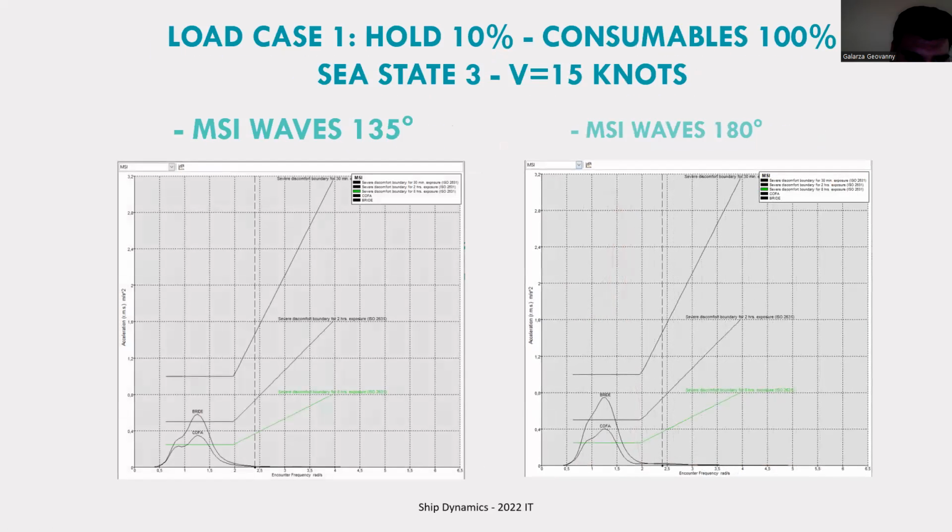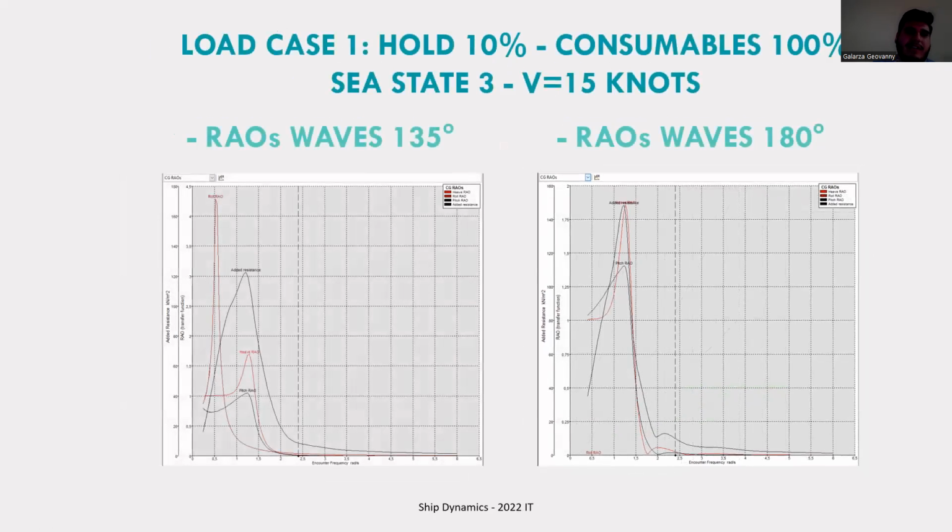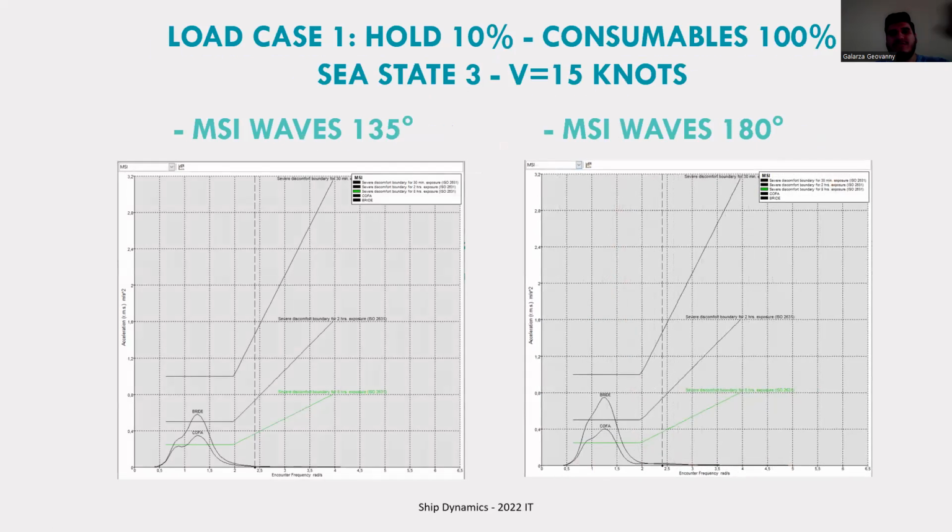You can see the roll is higher at 180, and this is the graph of the motion sickness incidence. I just put here this graph for these degrees, because in the other degrees from 0 to 90 it was really lower.